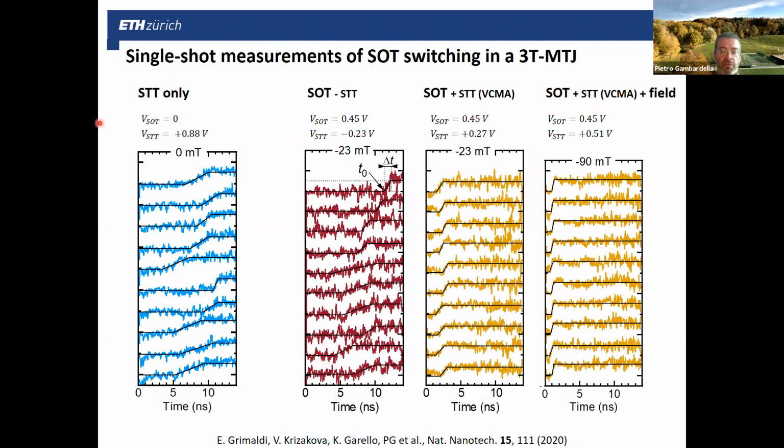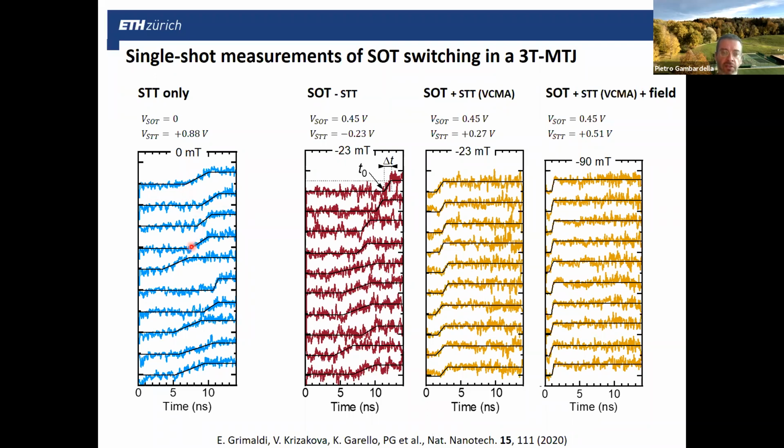So if we first perform the experiments by using the top electrodes, so spin transfer torque only, and we perform a certain number of pulses, we see that we obtain different traces of the tunneling magnetoresistance. And these different traces are telling us that the magnetization is switching, from the initial state to the final state. But the switching process is certainly not reproducible, because as you see here, the point where the magnetization starts switching is essentially varying in a random way.